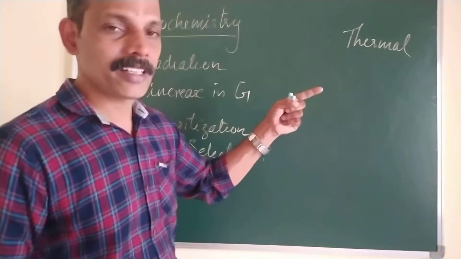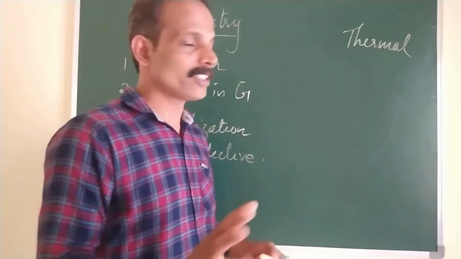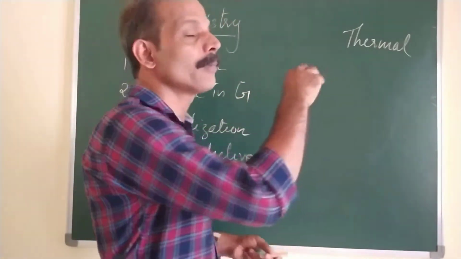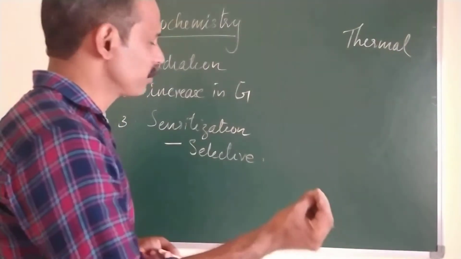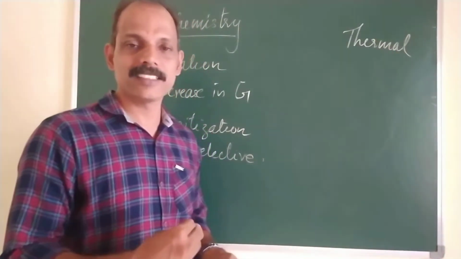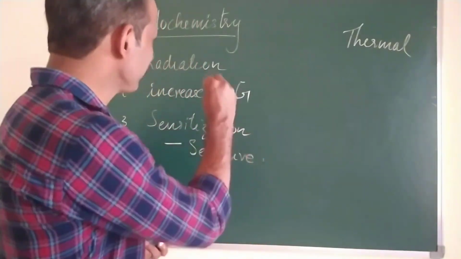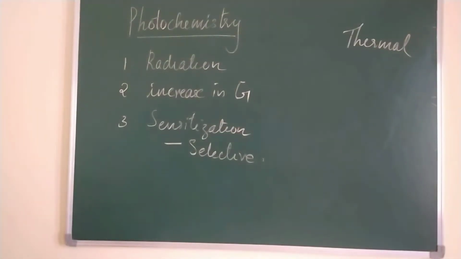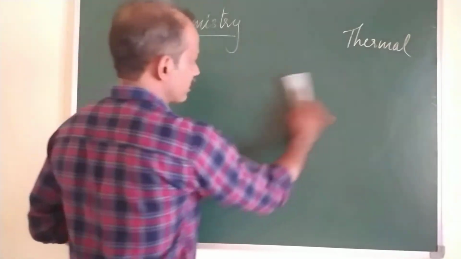But in the case of thermal reaction, sensitization is a general reaction, a normal reaction. There is no such selectivity in thermal reaction. So these are a few differences between photochemical reactions and thermal reactions. A lot of differences are there, but here a few differences.